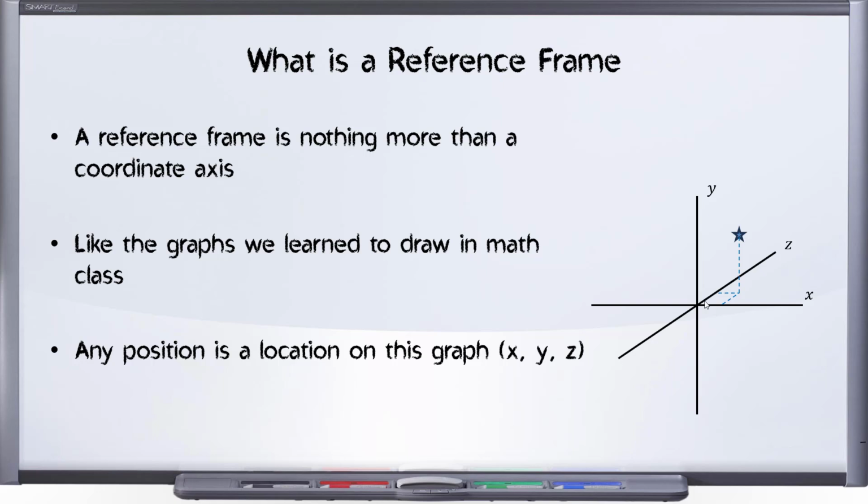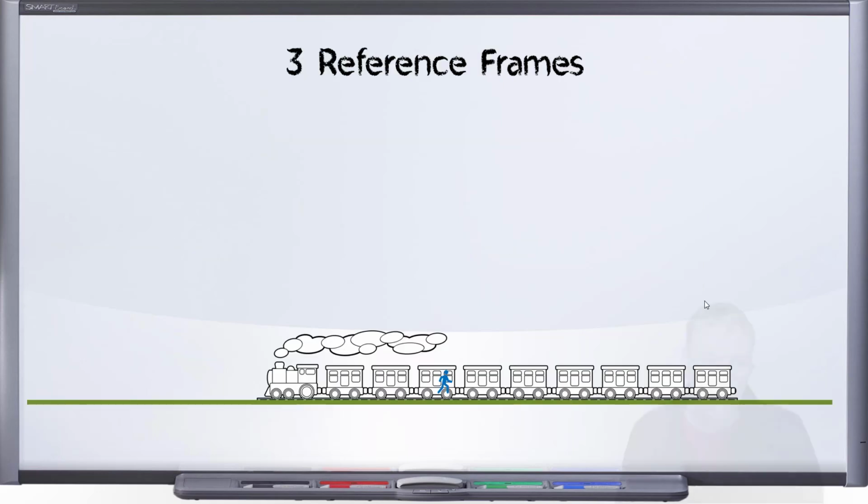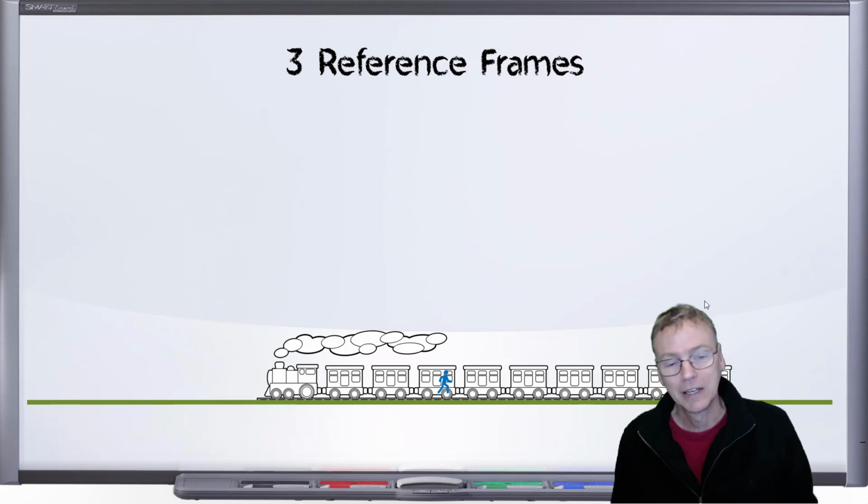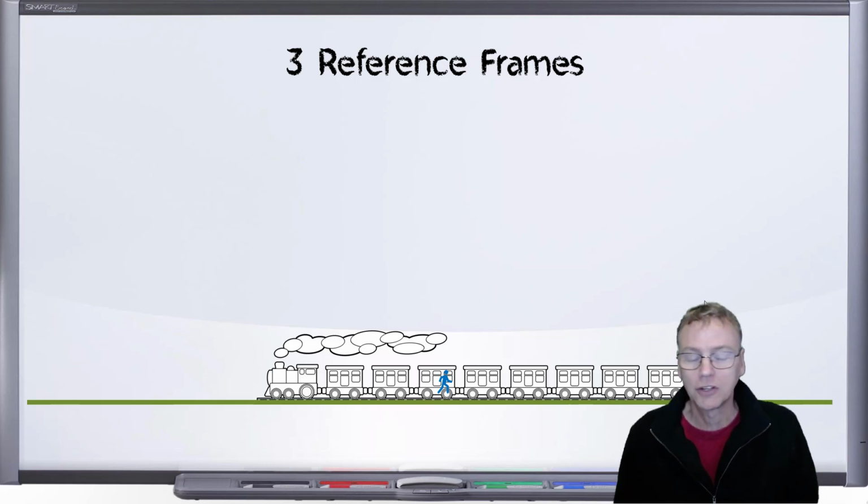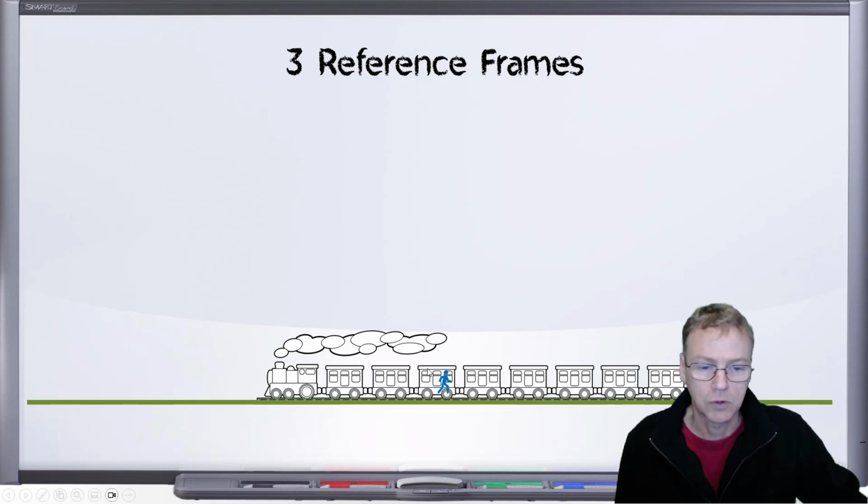Now let's talk about some examples of how we use it in these conversations and how people misunderstand what it means in these conversations. All right, let's take your classic passenger on a train example. We have here 3 obvious reference frames. We have your ground. The train is rolling along the ground, and then we have a passenger.